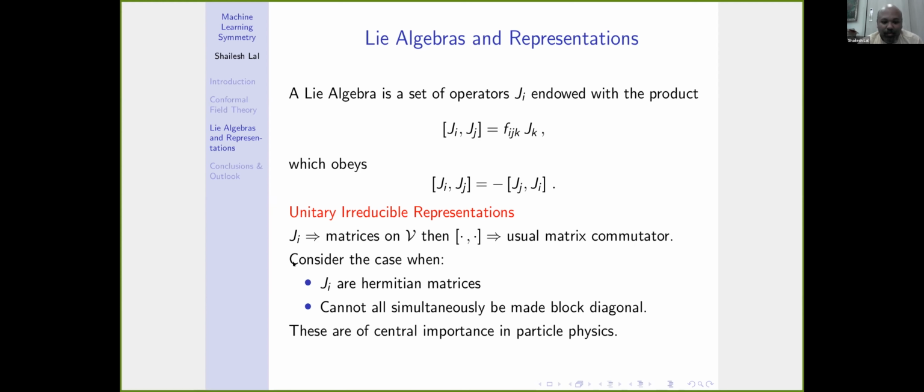And again, what's usually interesting to physicists is the case when the J_i are Hermitian matrices, and they cannot simultaneously be made block diagonal. And these are actually of very, very central importance in particle physics.